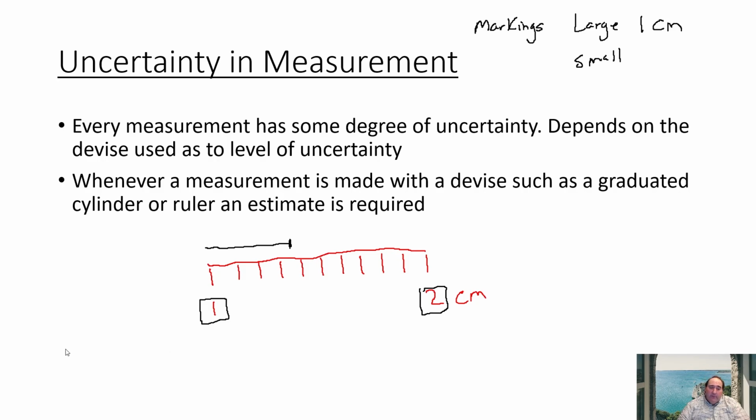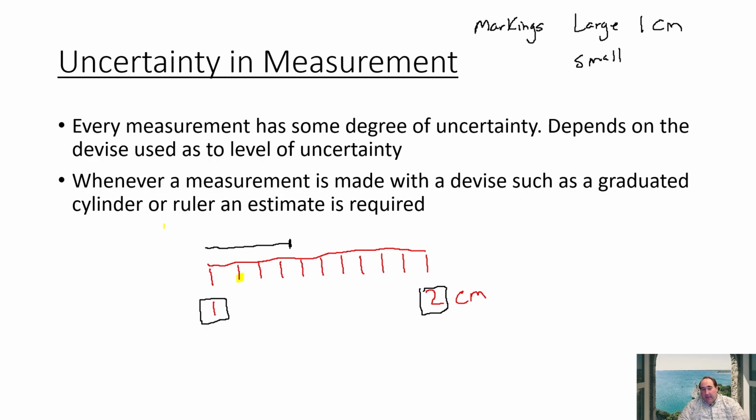Now, there's also usually smaller markings that you can find on a piece of equipment, and you do want to count those as well. When you go to count the smaller markings, it's really important to start counting past the last large marking. In this case, the last large marking on my ruler is 1.